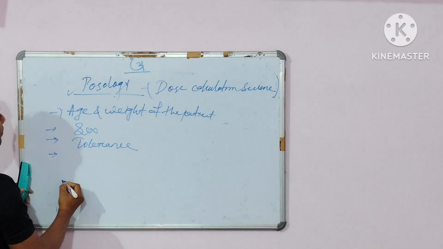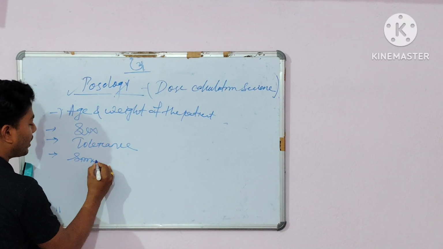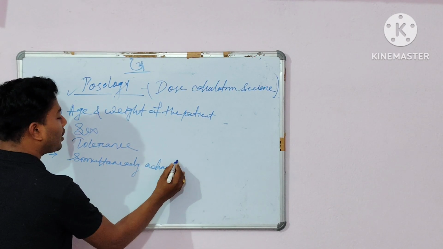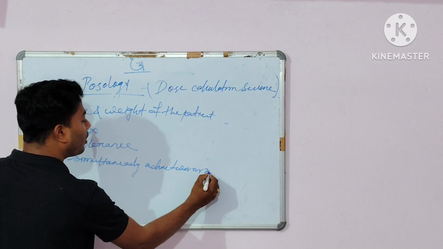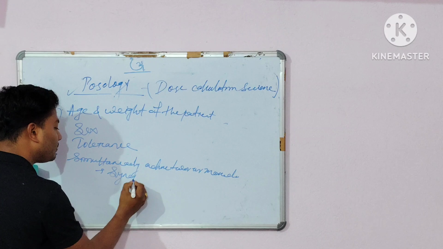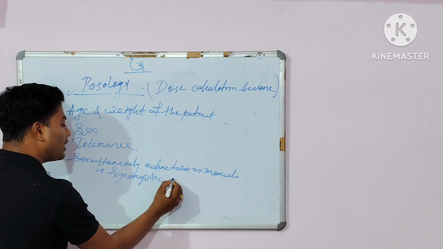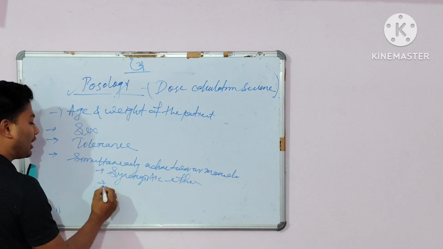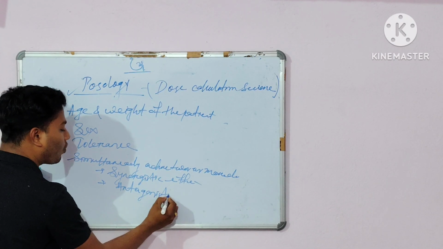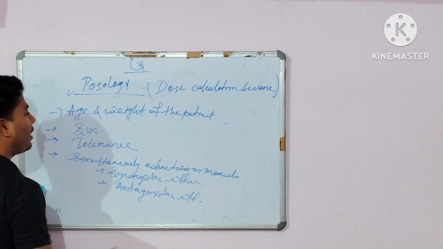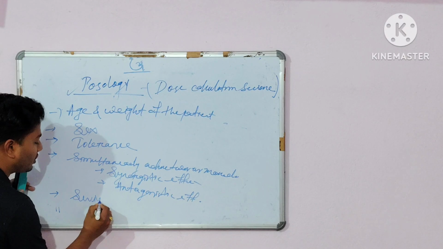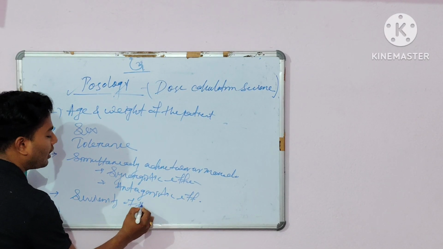The fourth one is simultaneously administered two or more drugs, where one is the synergistic effect and another one is the antagonistic effect. Clear? The next one is the severity of the disease.